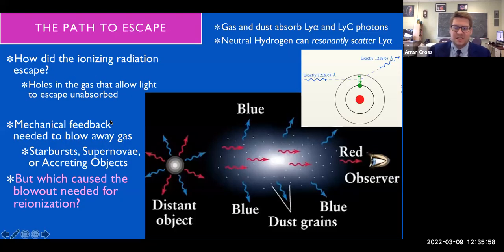These early galaxies, even though they're not particularly chemically enriched, are still chock full of neutral hydrogen and some other gases as we get successive star formation. And that's bad news for these ionizing photons that are trying to escape the galactic medium and reach us as the observers. We know that this gas can absorb that Lyman continuum emission and the Lyman alpha emission, but neutral hydrogen can also resonantly scatter Lyman alpha photons.